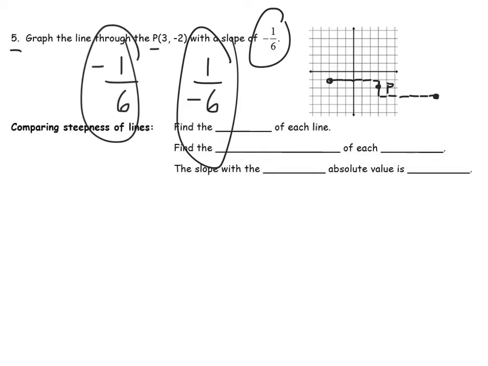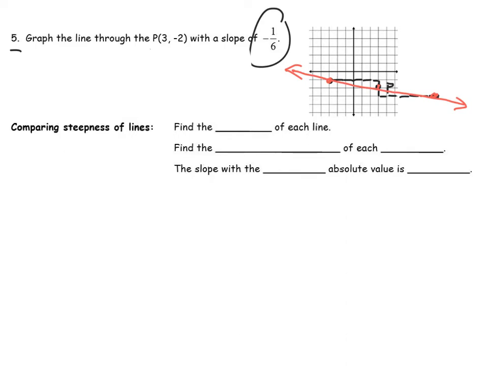So here's my next point. So now I actually do have 3 points to help me graph this line a little bit better. So it's going to look something like that. Okay, not quite horizontal, definitely has a slope, but it is close to that.